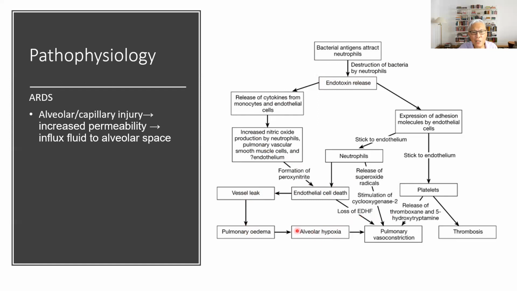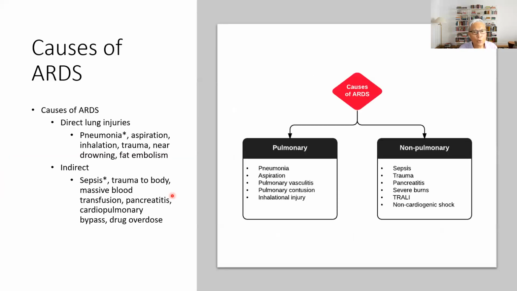So all these are going to happen whenever you have ARDS. So it begins with your alveolar capillary injury, and now you're thinning out the walls of the blood vessels, and there's going to be an influx of fluid into the alveolar space. So that's exactly what happens in ARDS.